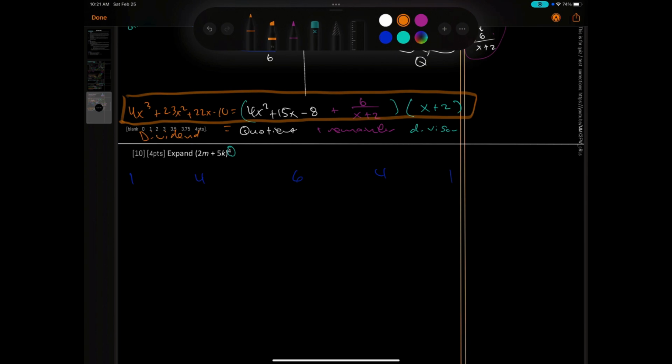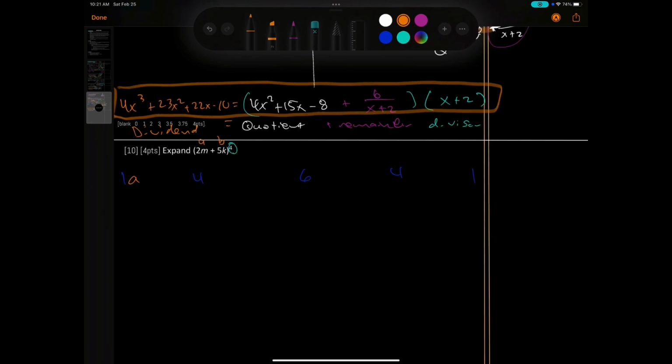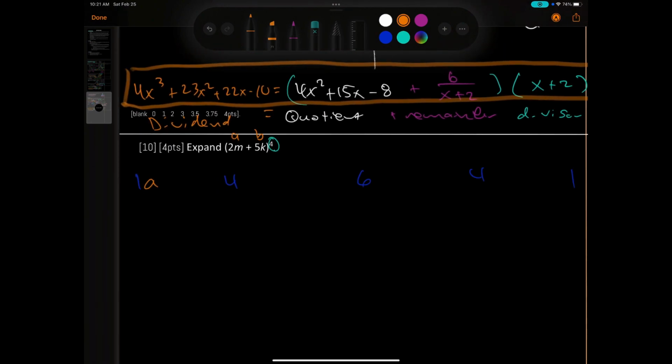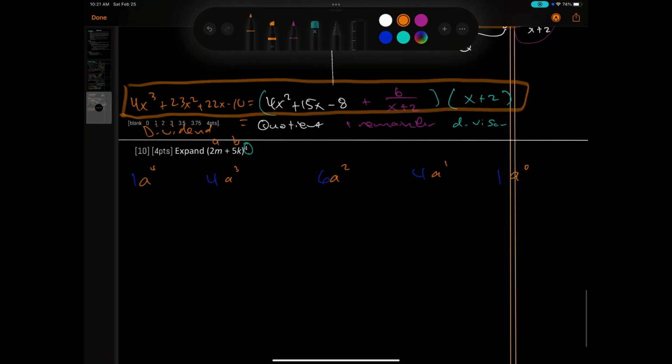So I got my coefficients with the nth, and then next I'm just going to use my a's and b's. If you want to use a's and b's, you can and transfer it back. So the a's, we're going to count down from 4. A to the 4, A3, A2, A1, A0. And then I'll do my b's. B's are counting up to 4 from 0. B0, B1, B2, B3, and B4.